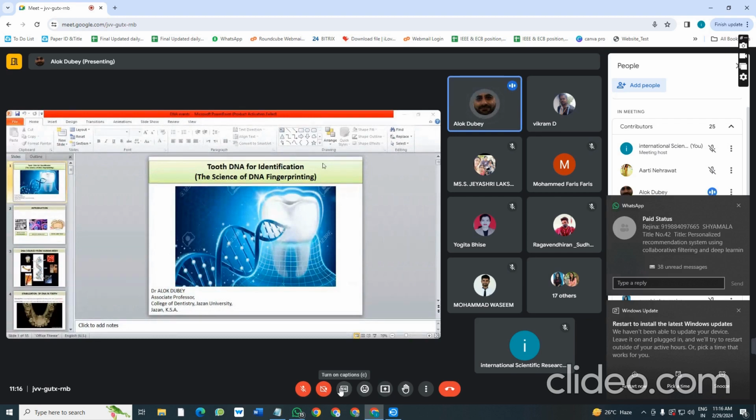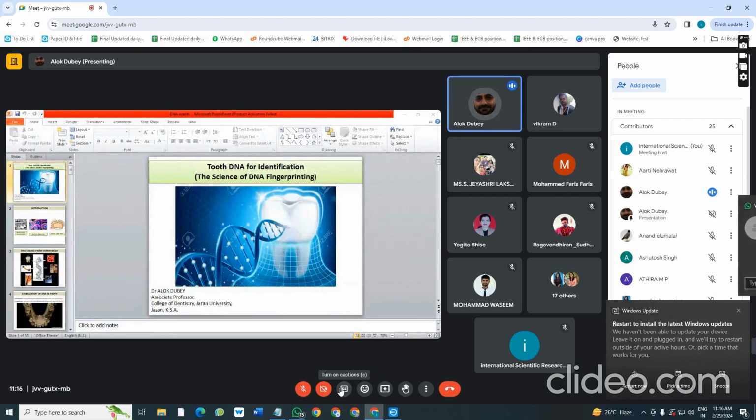Suppose the patient came to the dentist, he took a preoperative X-ray and the dentist decided on a treatment plan of root canal treatment. The patient undergoes the root canal treatment, but no X-ray is taken after the root canal. So the preoperative X-ray is the only source of data with the dentist. Once we get the postmortem record, we have a tooth with endodontic treatment with gutta percha in it.